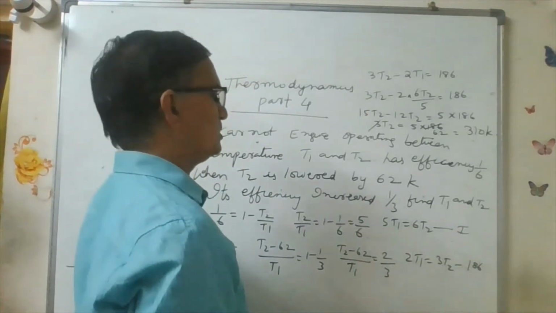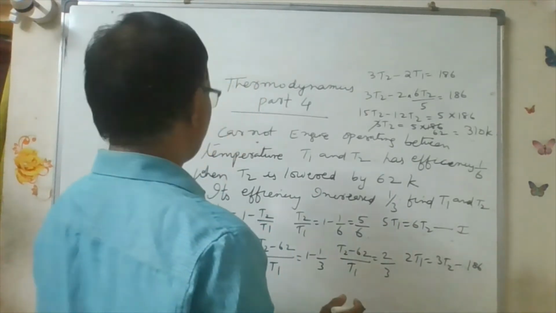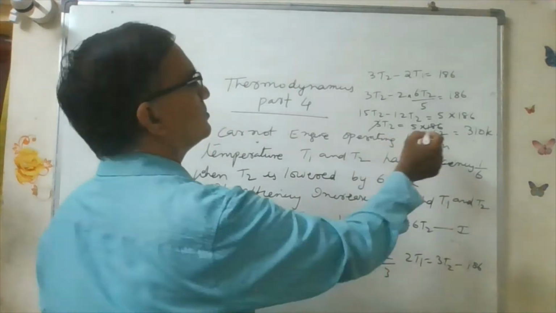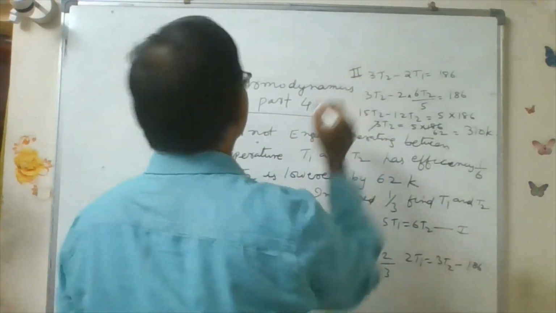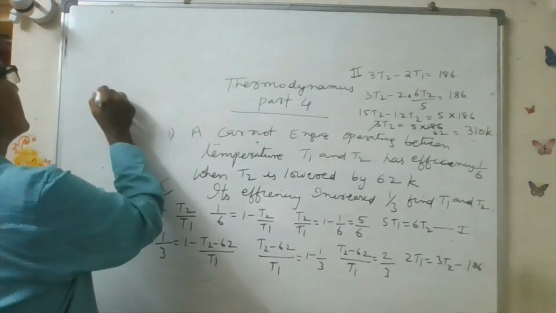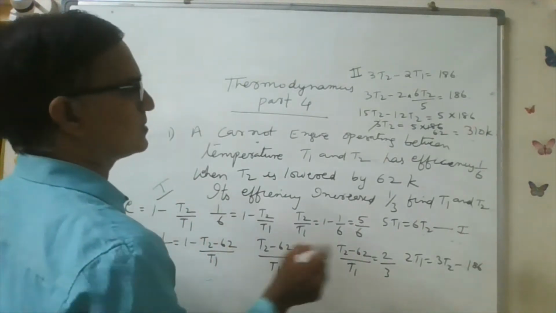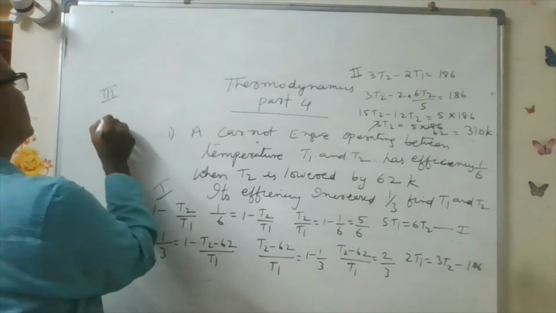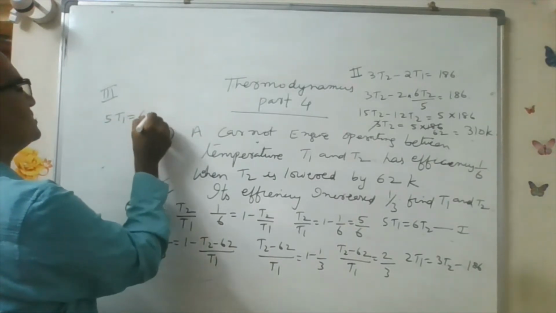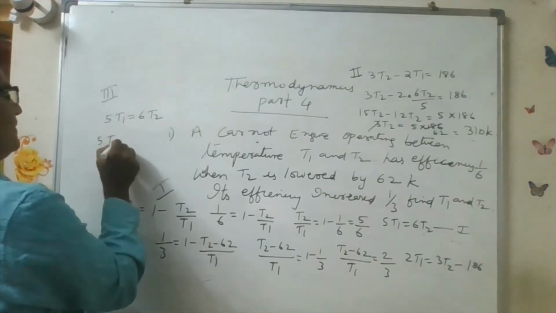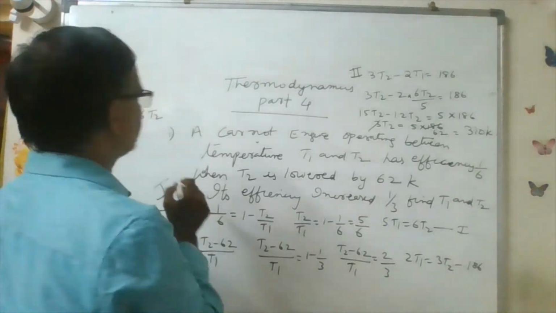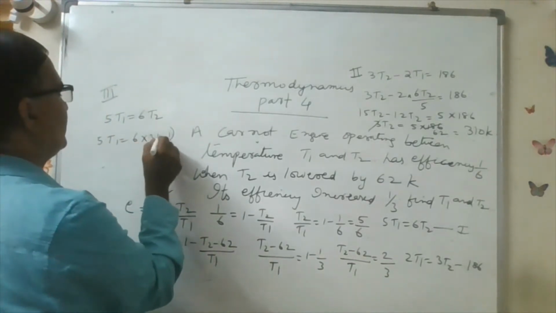Now you know this is the first part, this is the second part. Third, I'll do it here. Now you know 5T1 is equal to 6T2. So what is T2? 5T1 is 6 into 310.